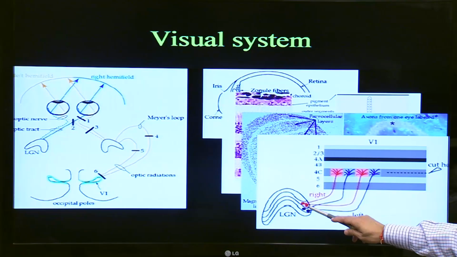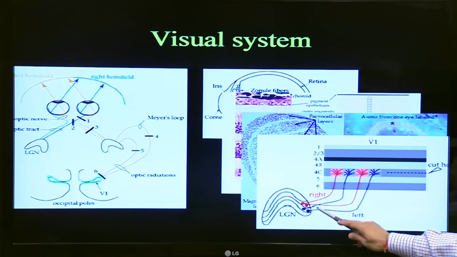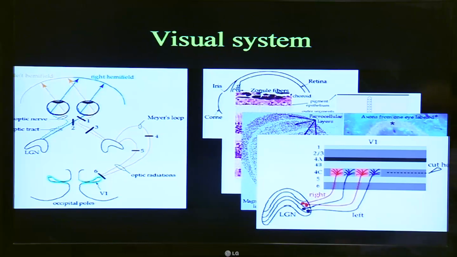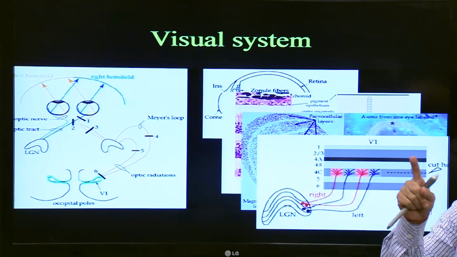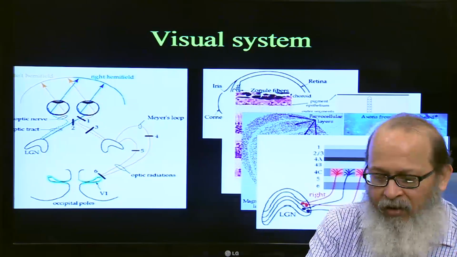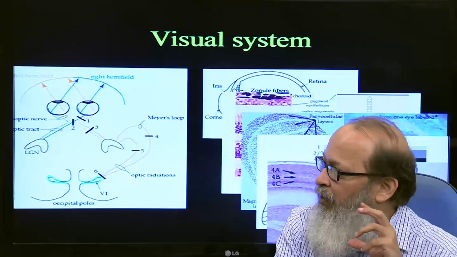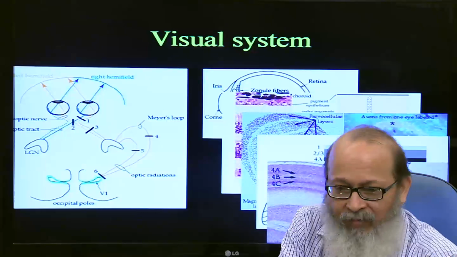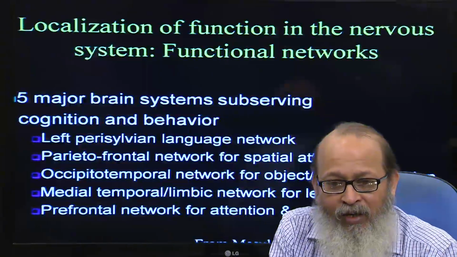So, the lateral geniculate nucleus is in the thalamus, you can see this. This goes here, left goes here. Each of these layers is so specialized that one of them will look at the edges, one of them will look at the movement, one of them will look at the depth, not all of them.